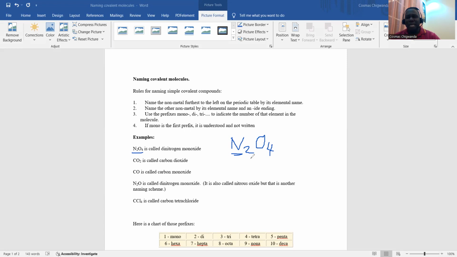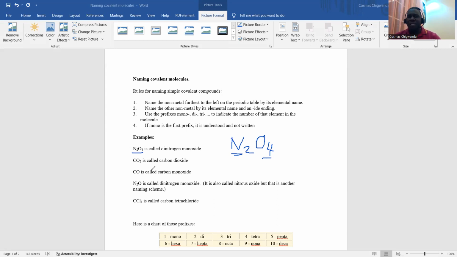So we're going to call it dinitrogen. And then what comes after that? We have 4 oxygen. Because there are 4, it's going to be tetra. It's not going to be tetra oxygen. It's going to change. It's going to be tetra oxide. So the name of this molecule is going to be dinitrogen tetra oxide.